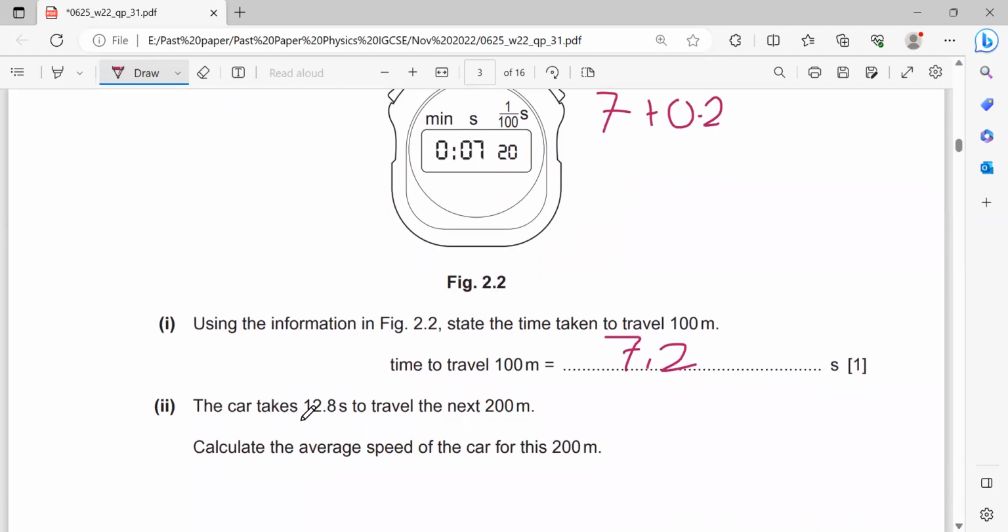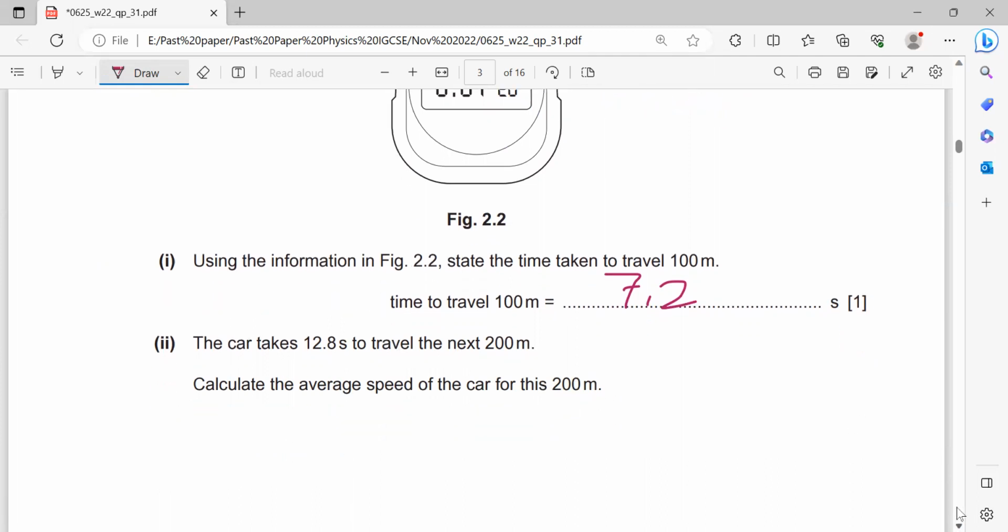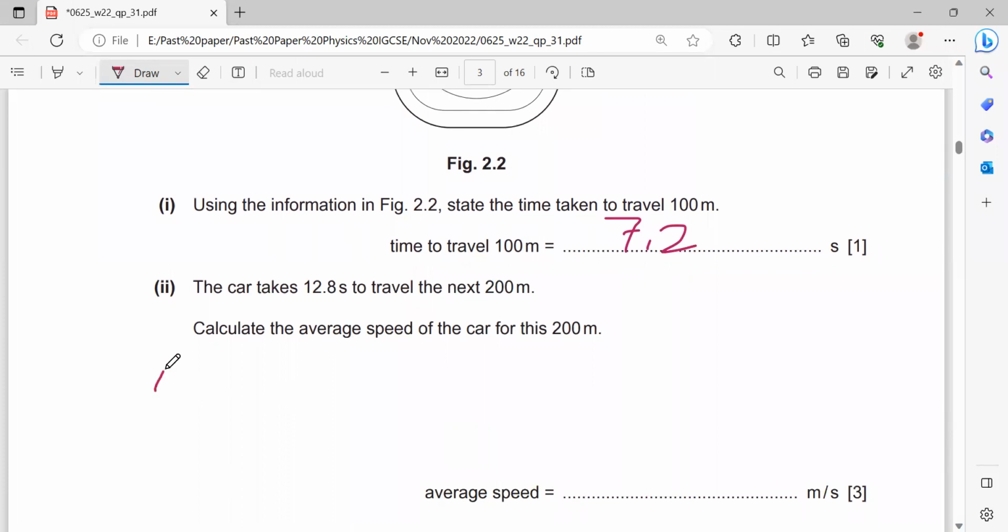Next, the car takes 12.8 seconds to travel the next 200 meters. Calculate the average speed of the car for this 200 meters. Okay, average speed means 200 meters over 12.8 seconds.